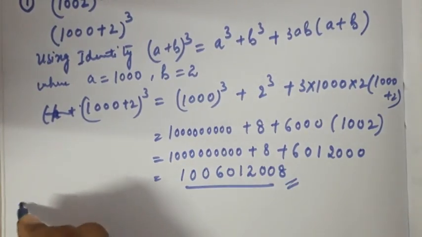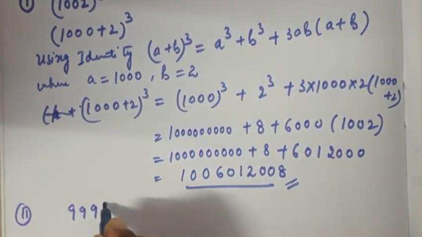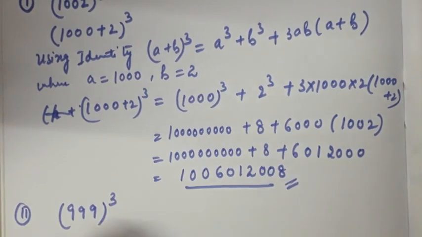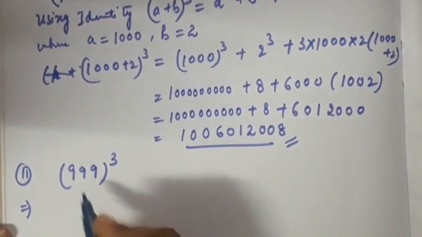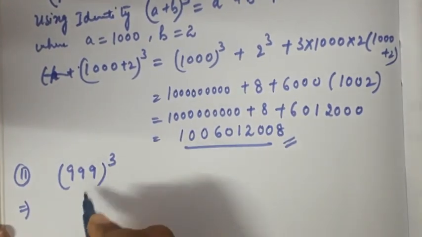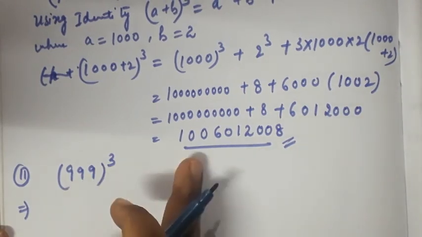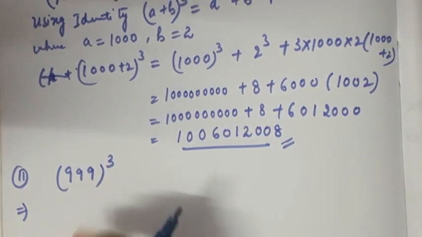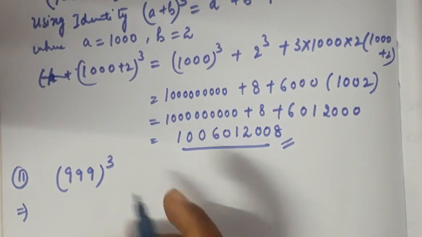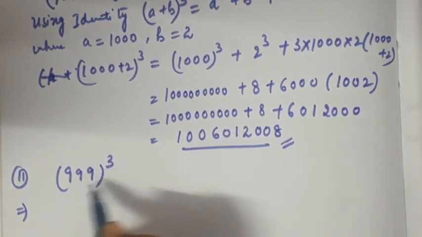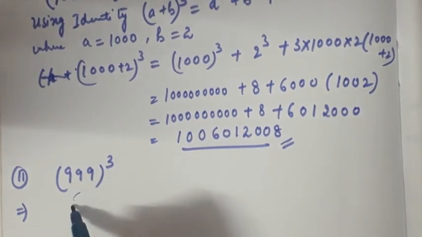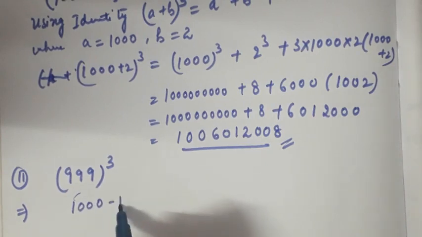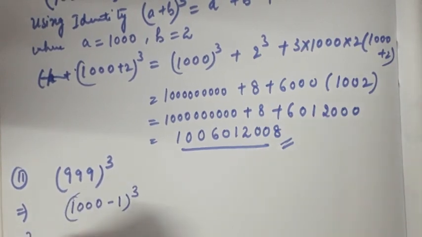Next, let's proceed with the next part, that is 999 cube. I can write this number as 900 plus 99 or 990 plus 9, but it will be a little bit complicated calculation for us to do, so I'll express it in a simpler form, that is (1000 − 1) whole cube, and by using the identity I can expand this.